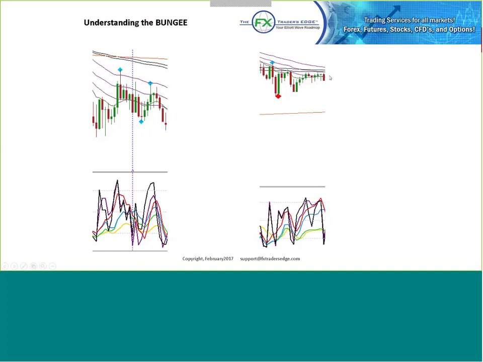Okay, and again over here, we've got a flat blue bungee. We've got a candle, we've got a 3-wave return into the wave. We've got a move down, a trigger candle for a breakout 3, but the blue bungee has not turned yet.